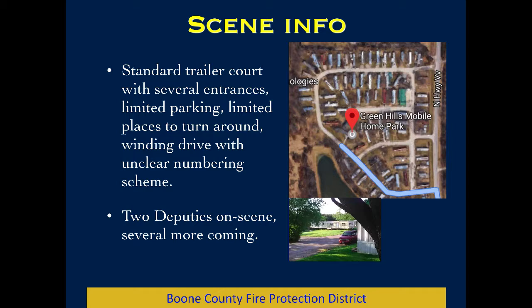And also the thing with neighborhoods and trailer courts is that sometimes the address system doesn't make any sense, and you're looking for lot 20, and on your left is lot 10, and on your right's lot 227 or something. And so a good map that shows the location of every lot in this trailer court would be very helpful. And as you can see, there's multiple entrances, so which one do you pick?